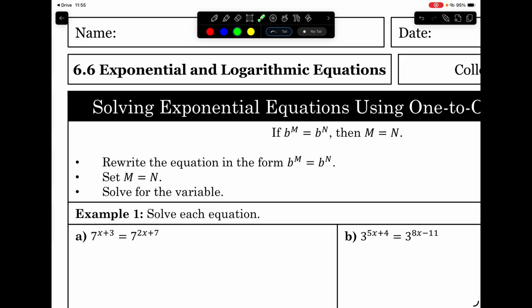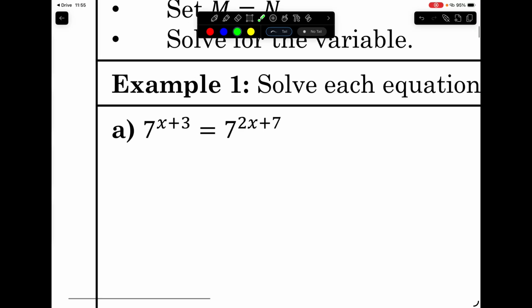So the simplest situation is that it's already done for us, like in example 1a. Here we have the power of 7 to the x plus 3, and it equals a power of the same base, 7 to the 2x minus 7.